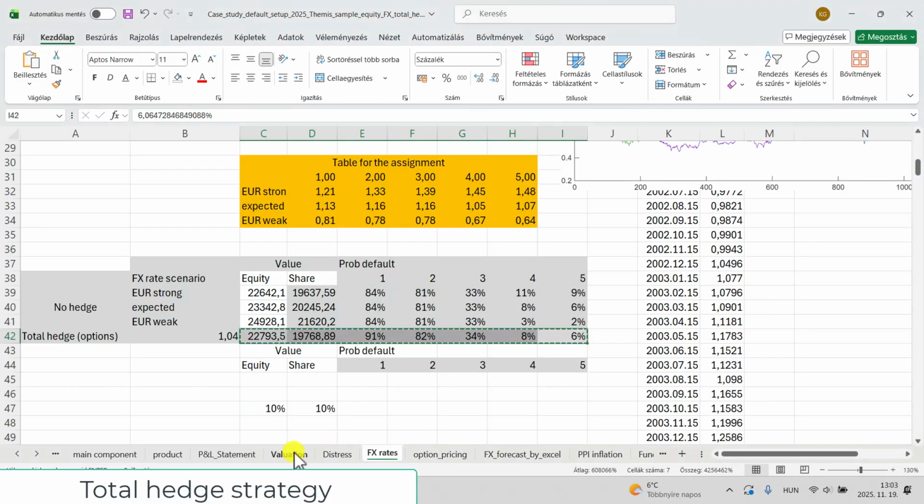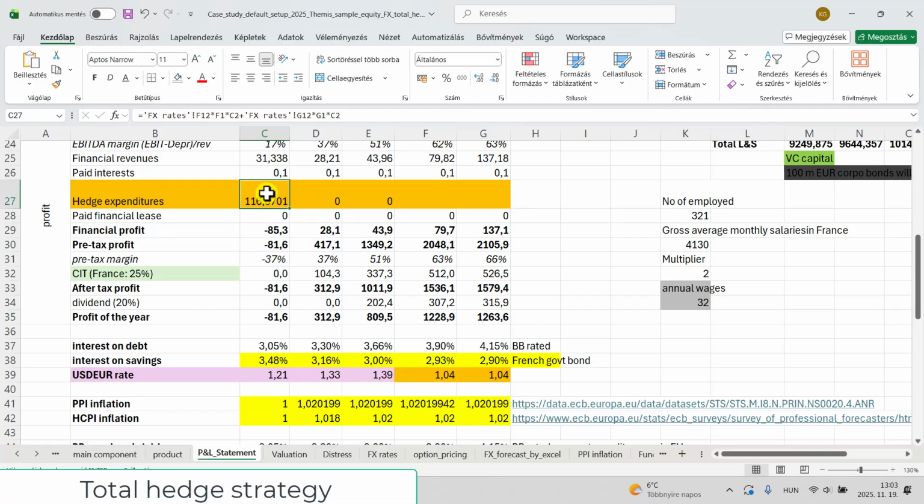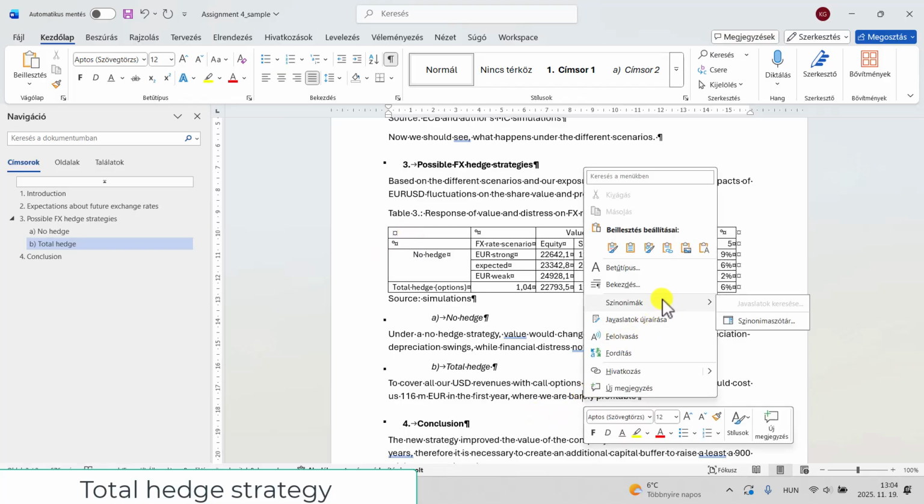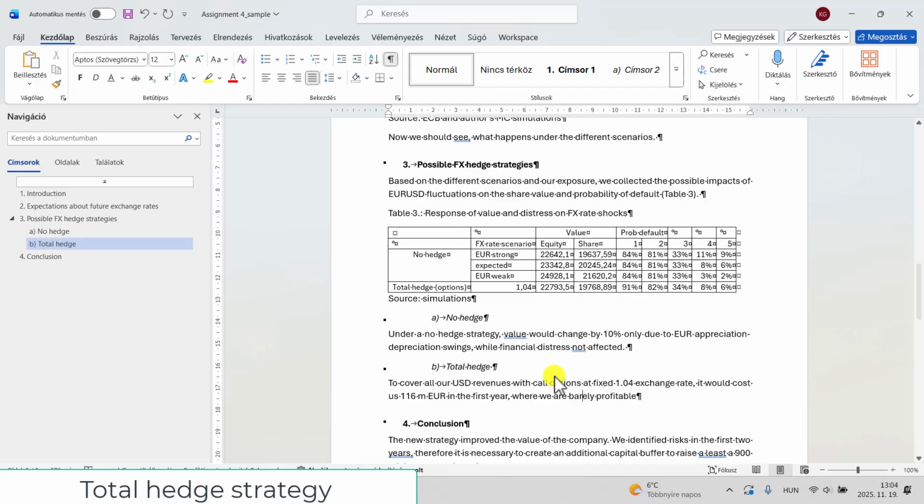It would cost us the first year, where we are barely profitable. Barely. Just okay. Barely profitable.